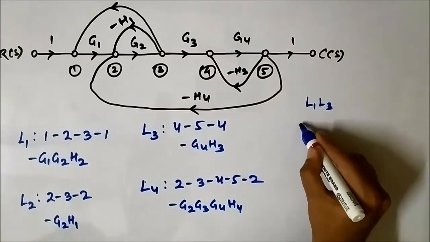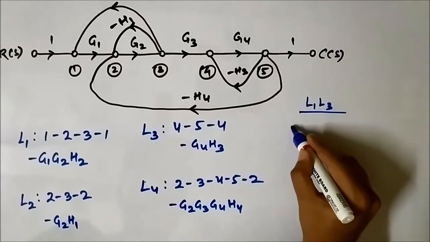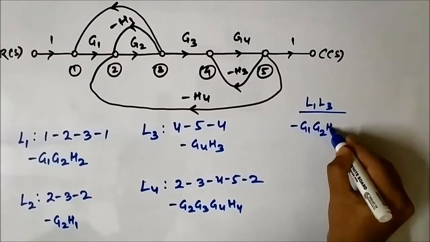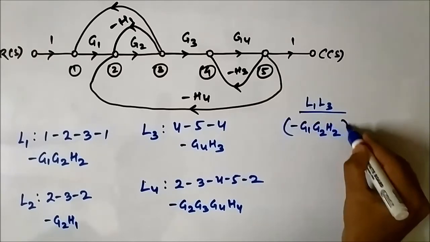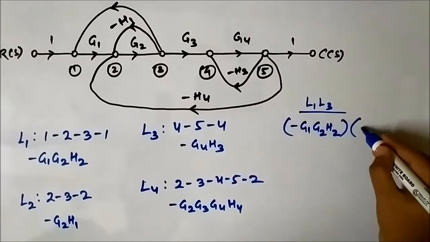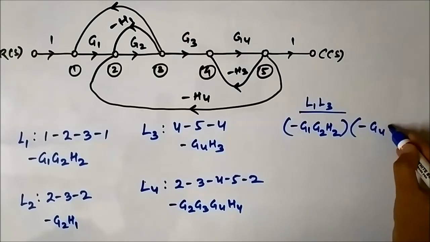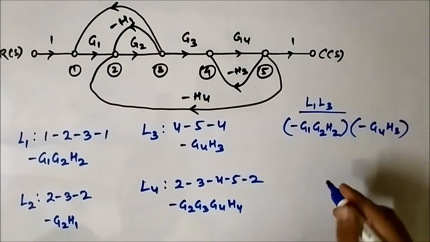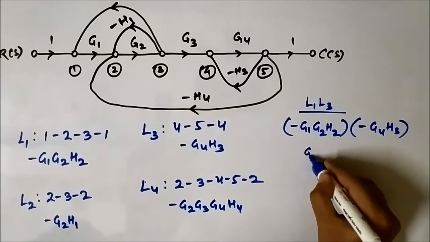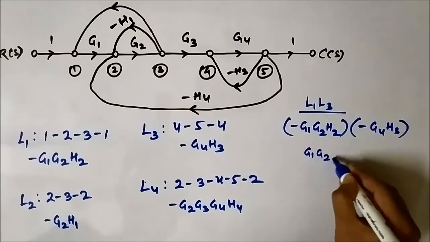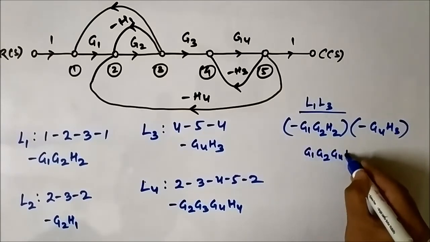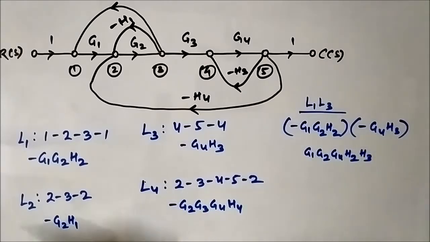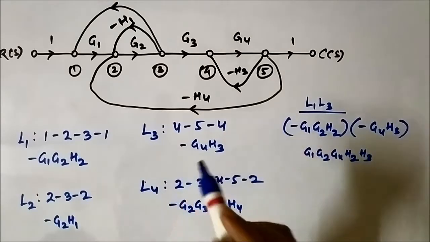That is, minus G1 G2 H2 into minus G4 H3, which, minus into minus being plus, will be G1 G2 G4 H2 H3. Okay, then we'll compare loop 1 with L4.